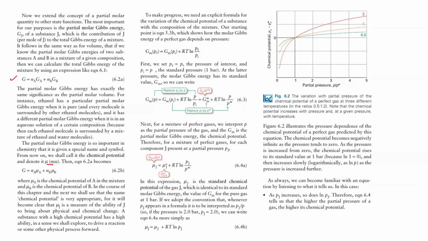To make progress, we need an explicit formula for the variation of the chemical potential of a substance with the composition of the mixture. Our starting point is equation 5.3b, which shows how the molar Gibbs energy of a perfect gas depends on pressure, and it's shown right here.